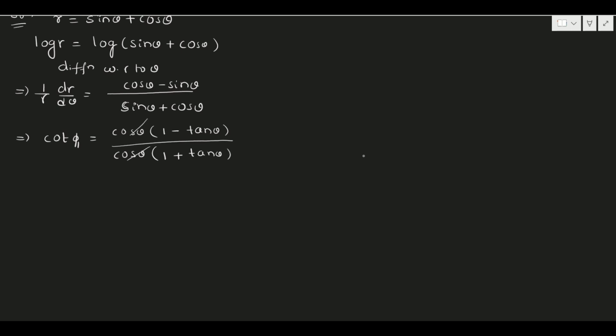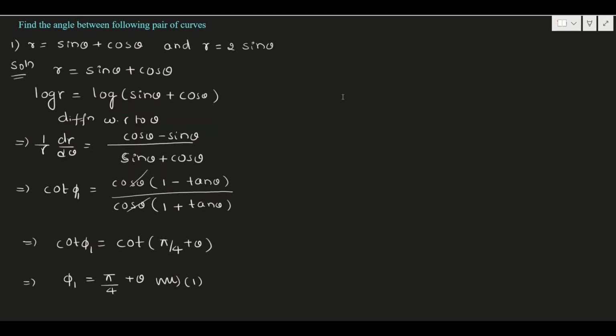Now cos gets cancelled. So in the RHS you are left with (1 - tan theta) divided by (1 + tan theta). This is cot of (pi by 4 + theta). Therefore phi 1 is pi by 4 + theta. You can call this equation 1.